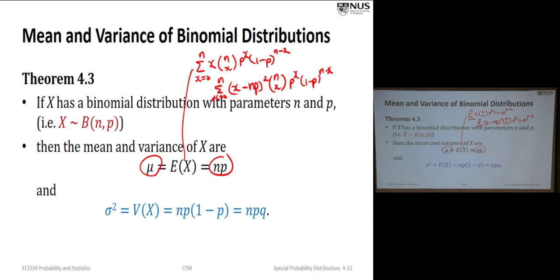But let me just give you a little bit of the trick that people use in this case. Remember one thing, it's very important. What can we say about this sum? Do we know the sum?